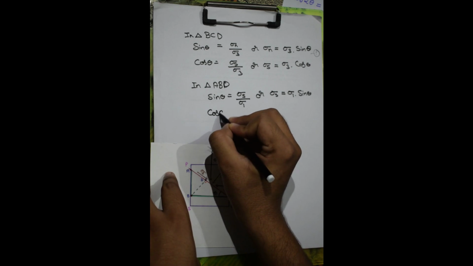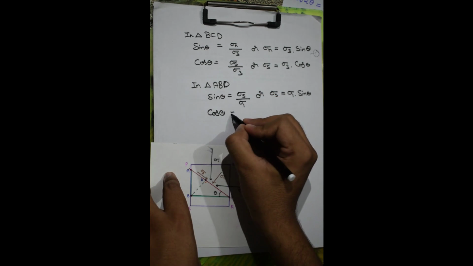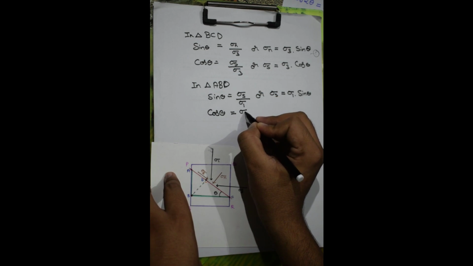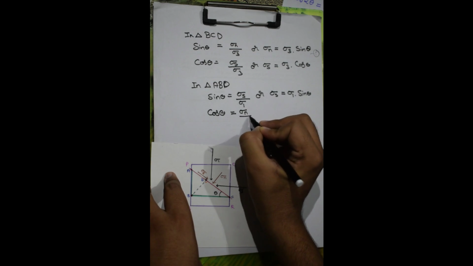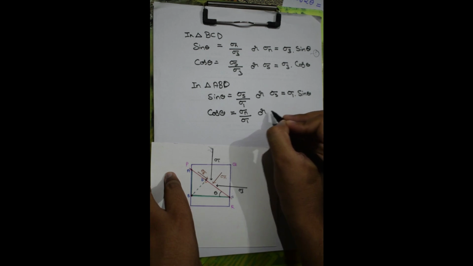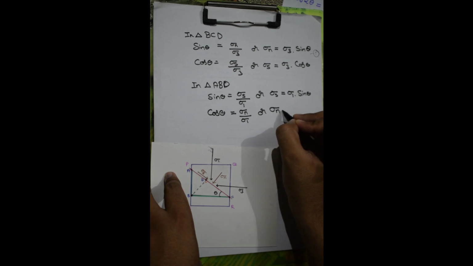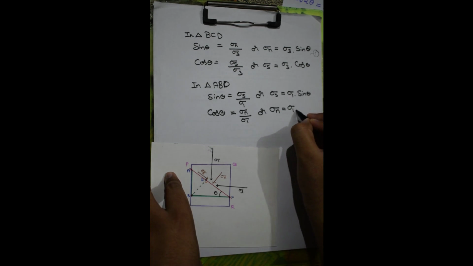Similarly, cos theta in triangle ABD is equal to sigma n upon sigma 1, or we can rewrite this as sigma n is equal to sigma 1 cos theta.